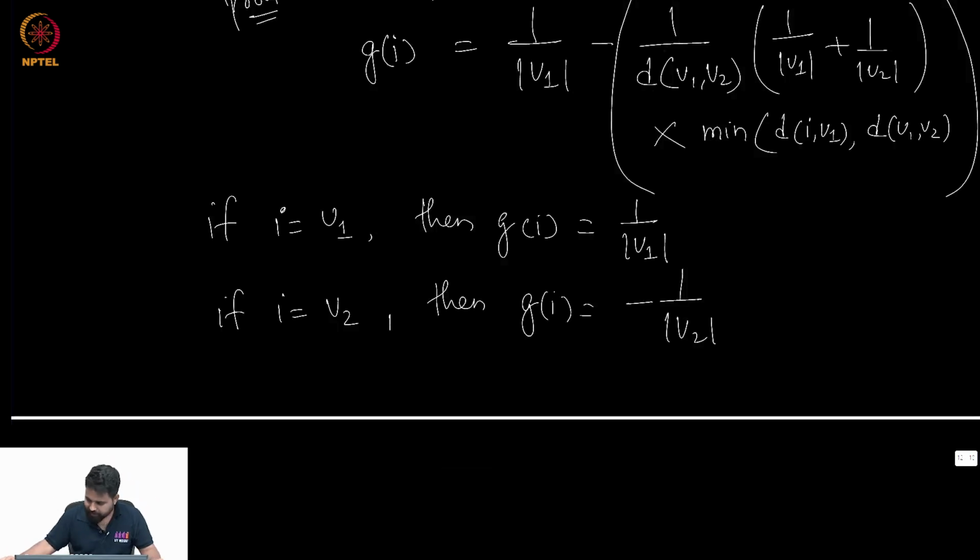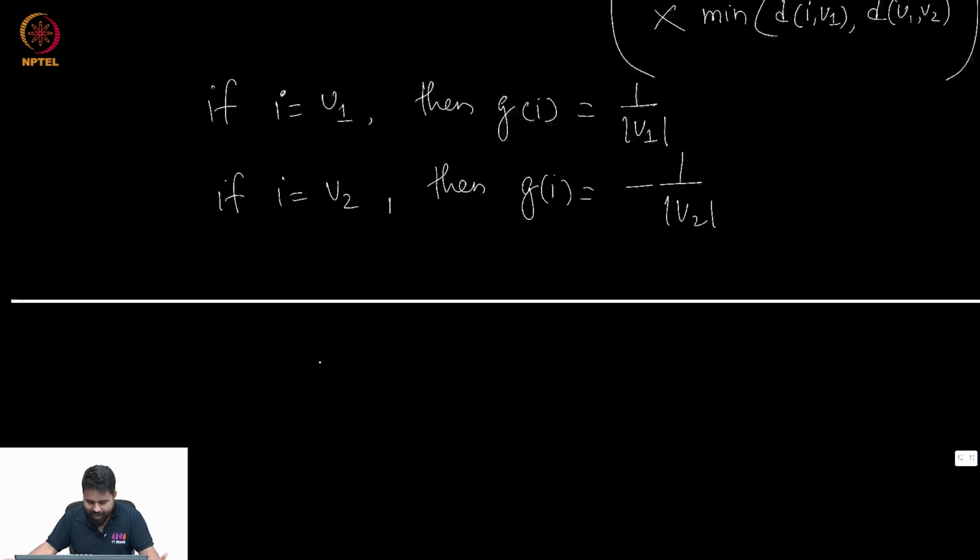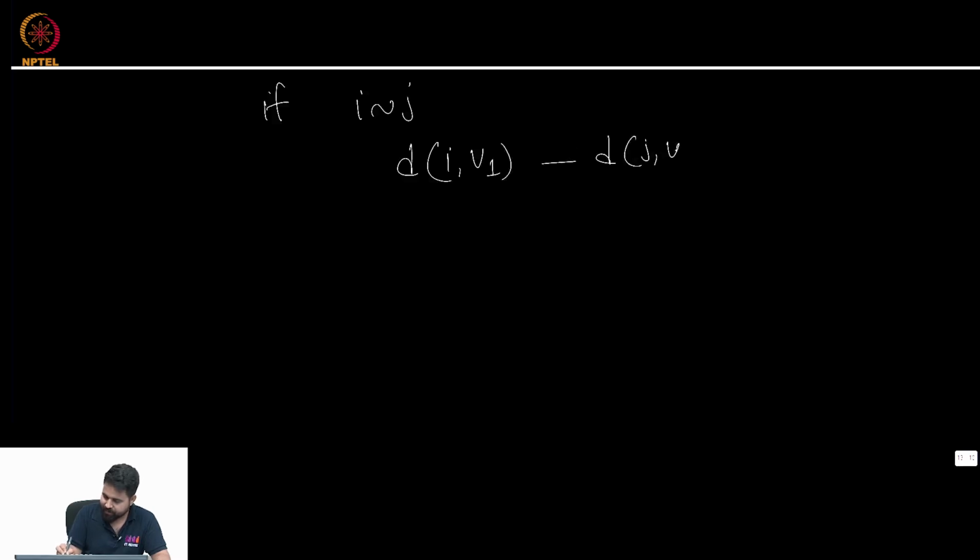Now the next thing is, suppose i and j have an edge between them. In that case, if you see that this quantity, the distance between i and V1 minus the distance between j and V1, if you take the mod of this, it will always be less than or equal to 1, right? Because there is just one edge, you're just one step away from each other. Very good.